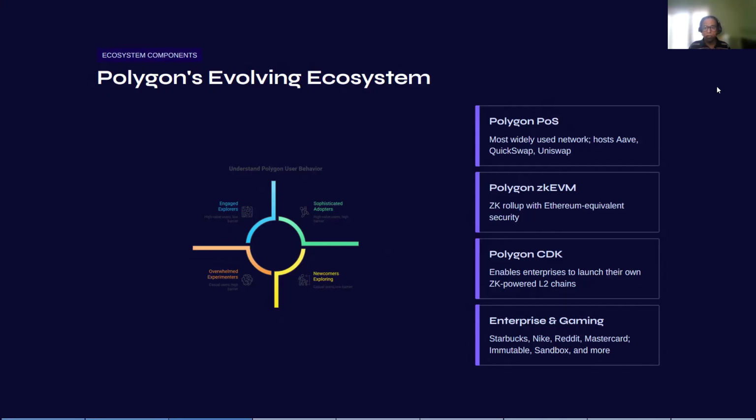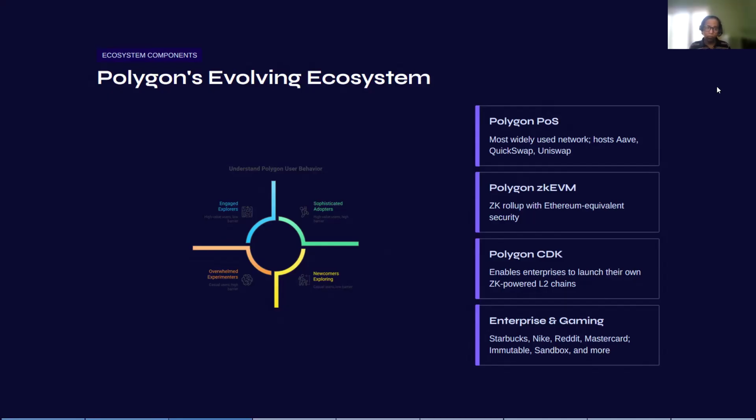Polygon also has various ways to connect with other Ethereum blockchain networks and also non-Ethereum blockchain networks to get the tokens and transactions stored in their mainnet. And gaming companies have also started using it.